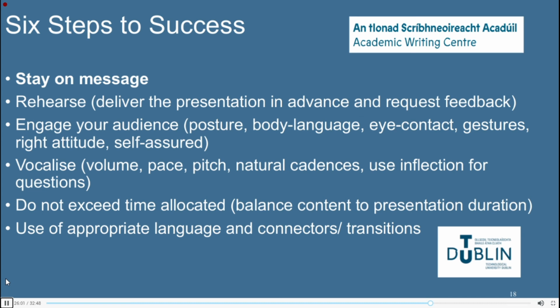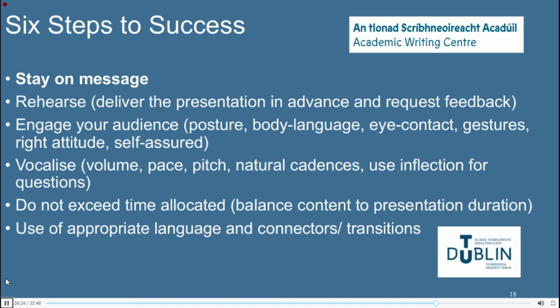This translates also in your voice, in how you vocalize and how you talk in terms of the volume, the pace, the pitch, the inflections that you use for questions or cadences to attract attention.